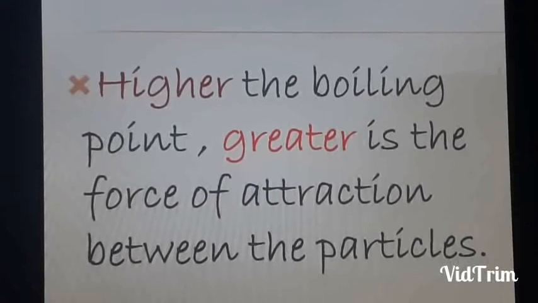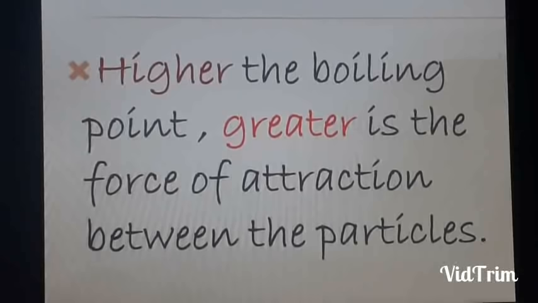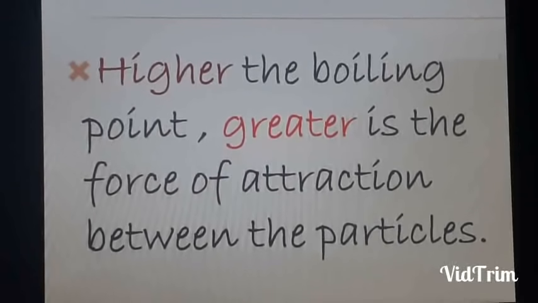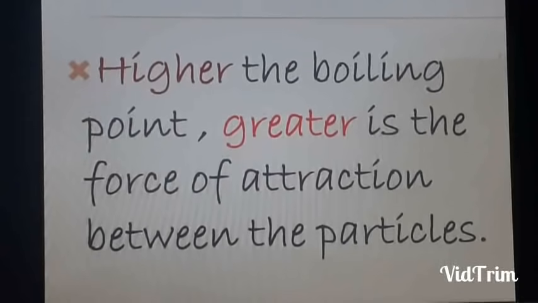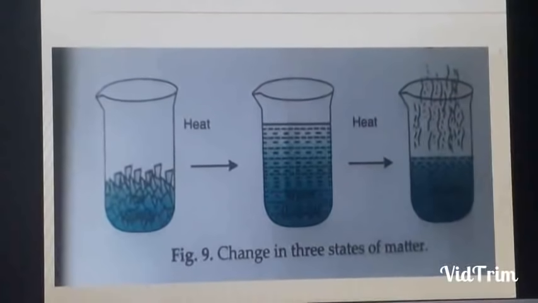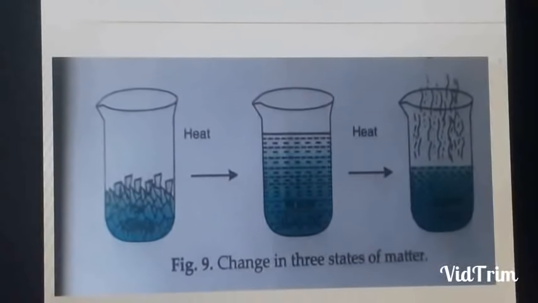Again, it tells that the force of attraction between the particles of mercury is very, very strong. Right? So we have understood now that a solid can be converted to liquid on heating. Also, a liquid can be converted into gas on heating.